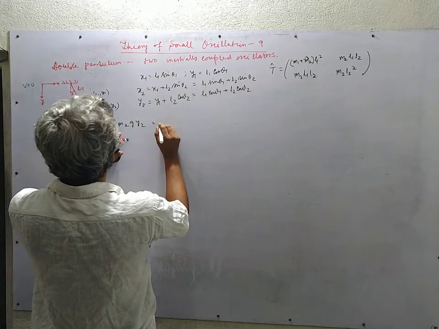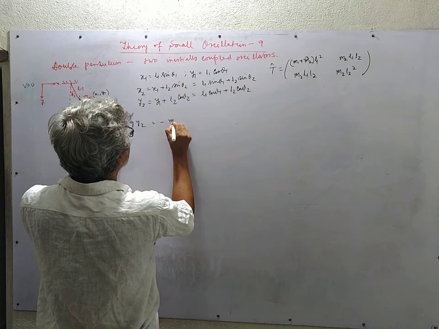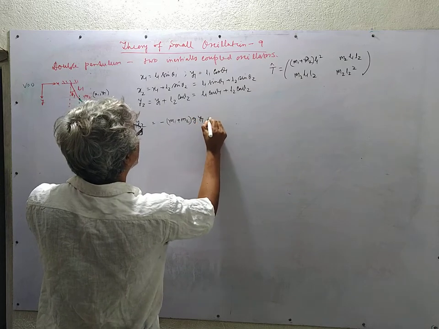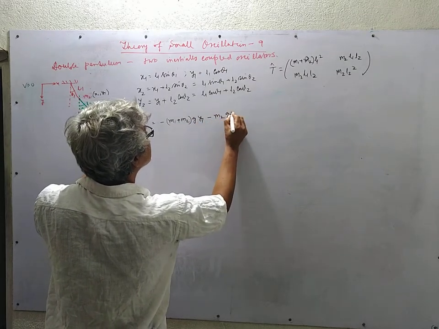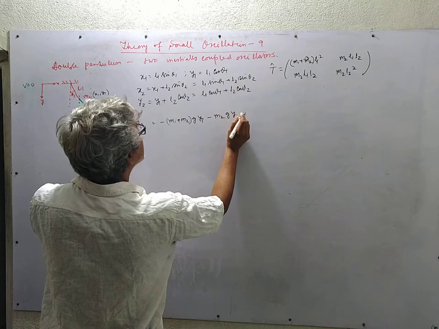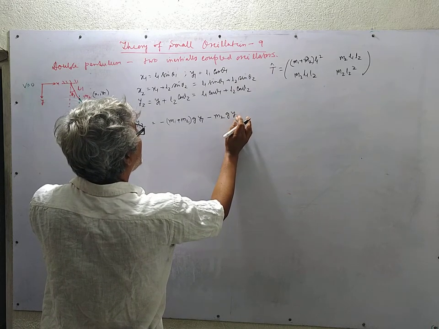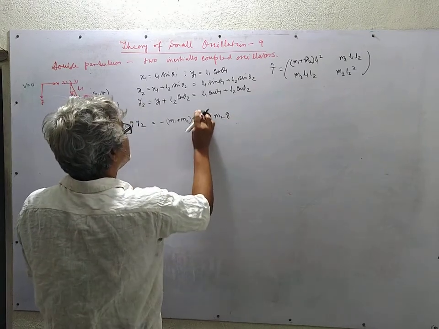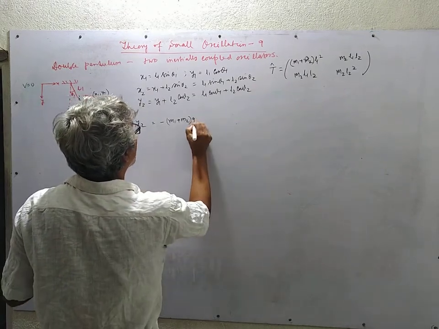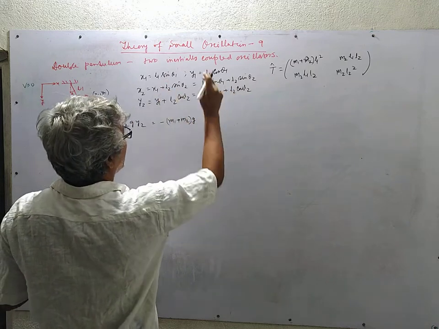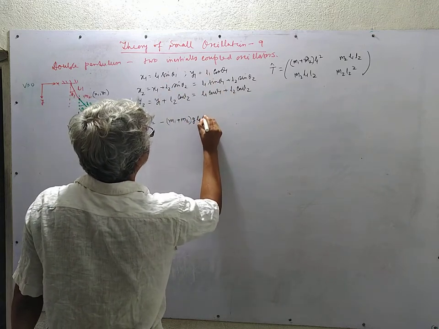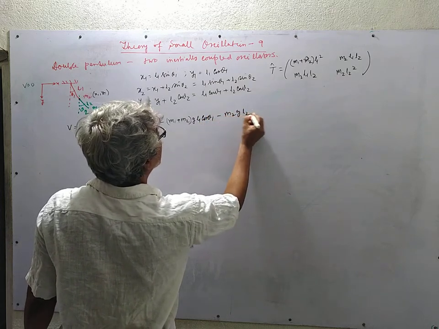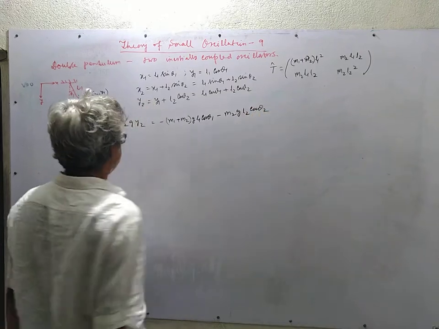This is minus (m1 plus m2) g L1 cos θ1 minus m2 g L2 cos θ2.